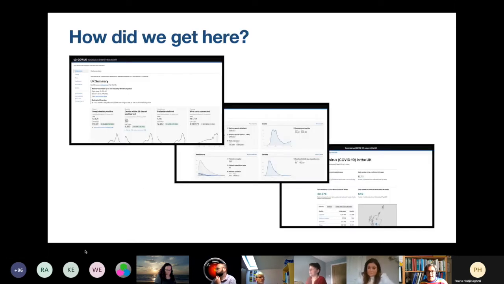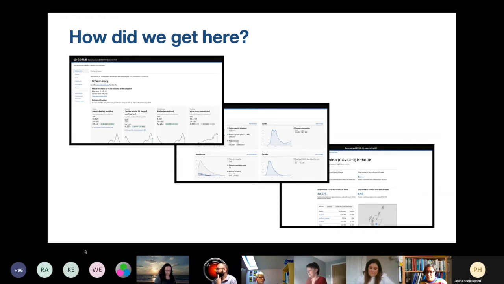But how did we get here? These are some screenshots of different iterations of the dashboard. There was actually one even before the first version that you can see in the bottom right, which was an ArcGIS map of daily cases that we started up in March 2020.